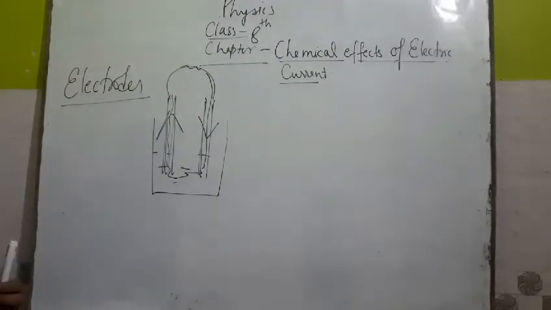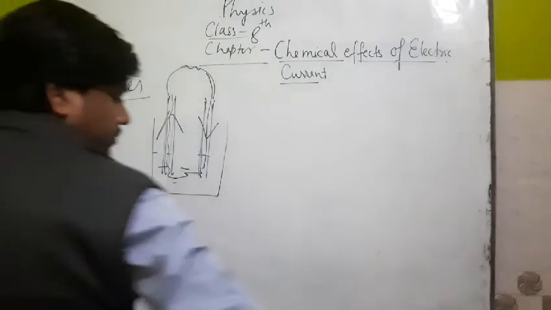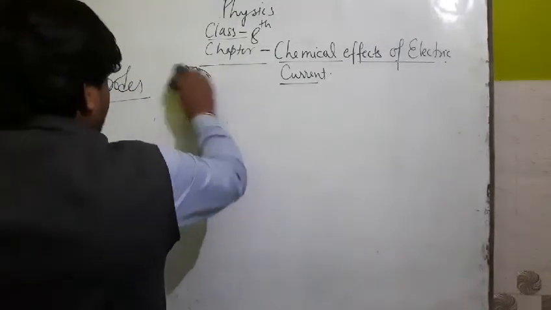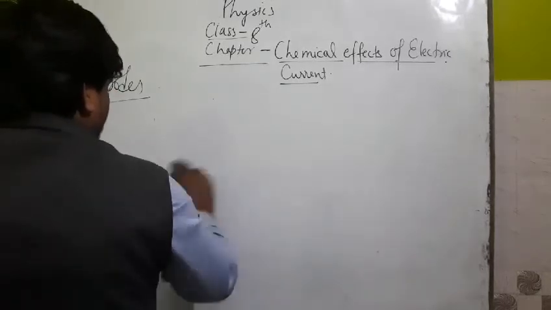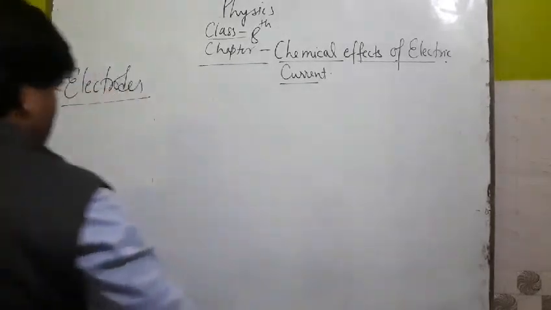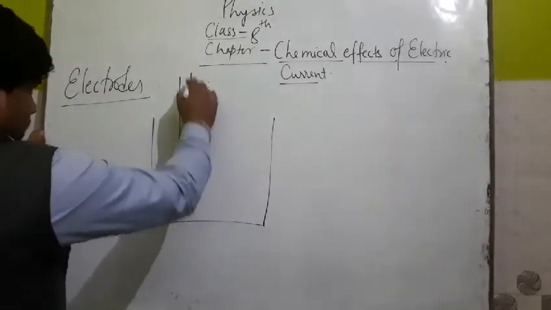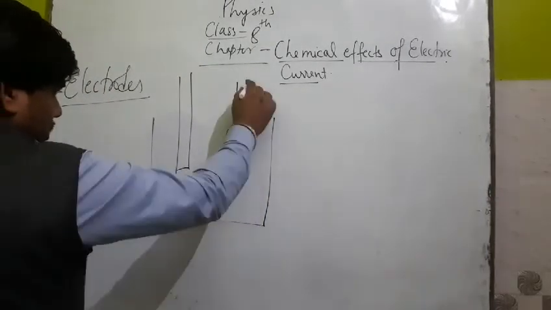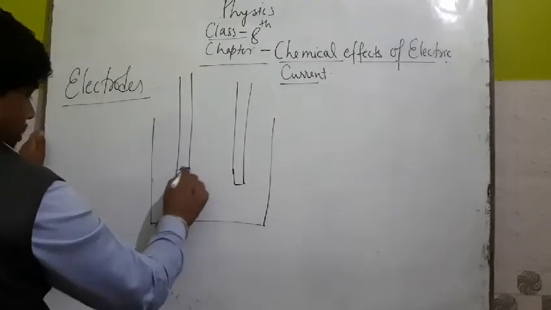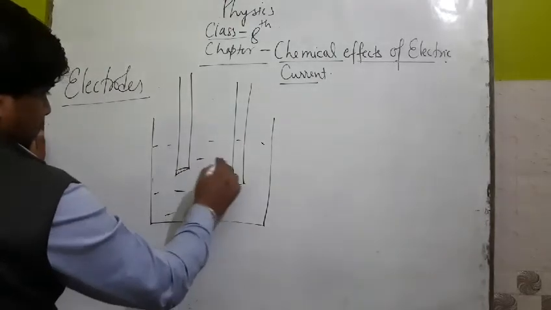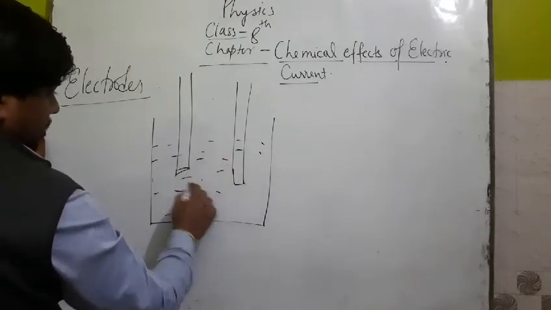Now, what are cathode and anode? In an electrolytic cell, the electrode at which electricity enters the solution is called the anode. Suppose this is an electrolytic cell, two rods are there, and this is the electrolytic solution.